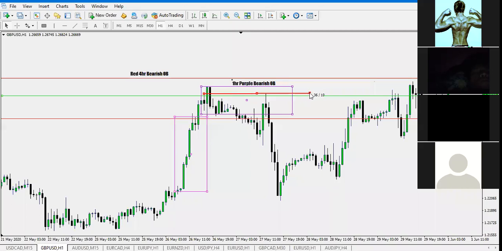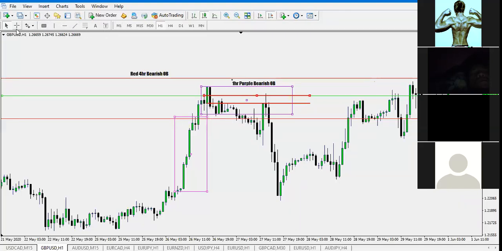So this is exactly the 50%. Notice we use the body of the order block, even though we encapsulate the wicks as the order block. We use the body 50%, or the opening candle, as our entry.